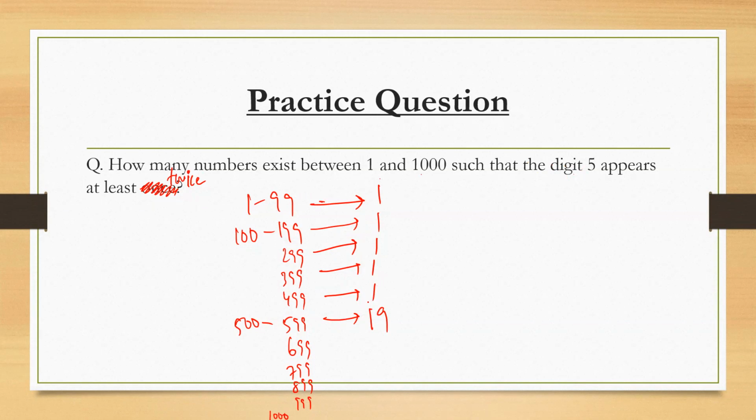All the 19 integers that are there, they will have, because unme, when 100 place 5 will also come, it will be there. The rest is what? Again, 1, 1, 1, 1. In 1000, there is no digit 5. Okay? So just add it up. Okay, 19, 20, 21, 22, 23, 24, 25, 26, 27, 28. Okay, so there is total 28 such numbers.